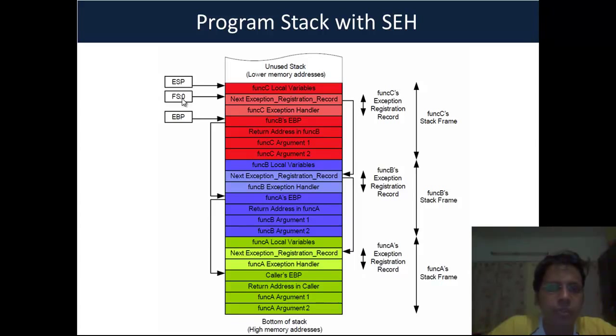So FS:0, this is basically in the thread information block, points to the top of the list, and this is going to be in function C, and then the next registration record points to the registration record in function B, which in turn points to that in function A. So basically C, B and A, and finally this record, though it's not shown in the diagram, goes back and points to the default handler or the default registration record which has been added by the operating system, right?